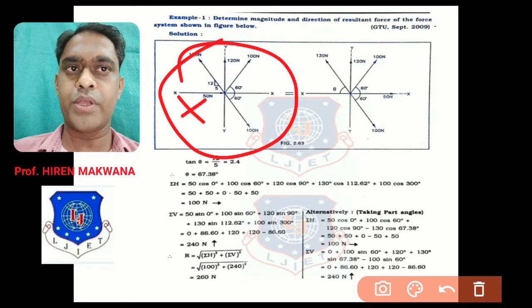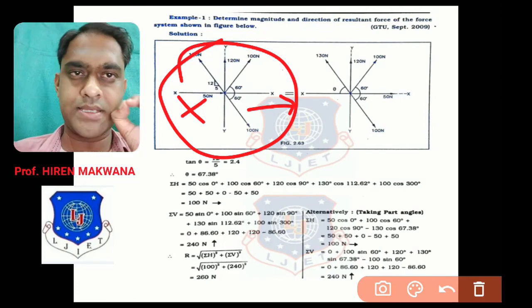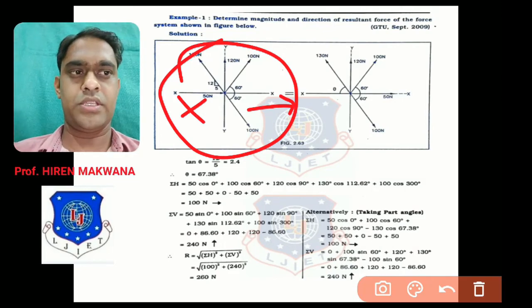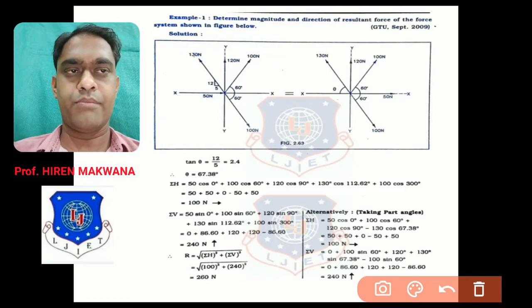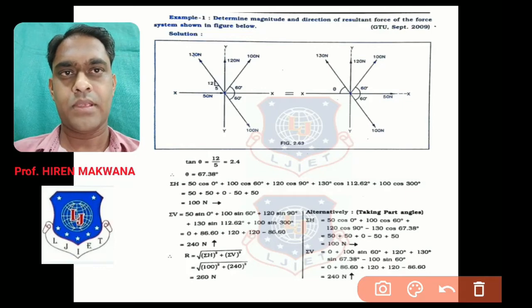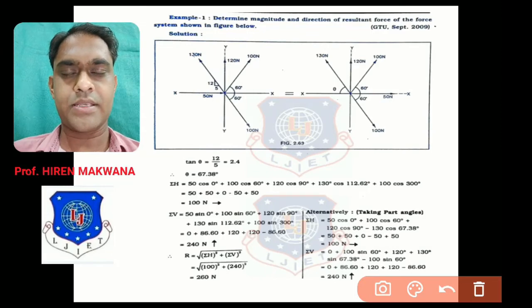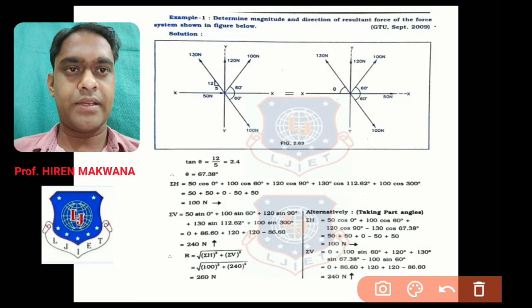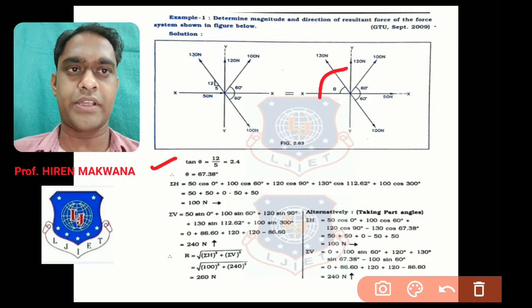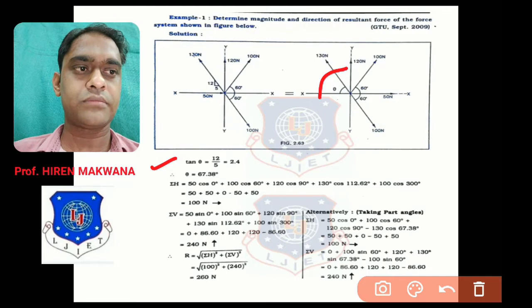No force should be compressive. You have to convert it into the direction of tensile force. Okay, so these two steps are most important for this example. We have already found that theta is equal to 67.38 for this force. Okay, let us start now.